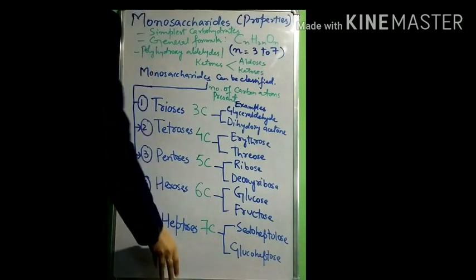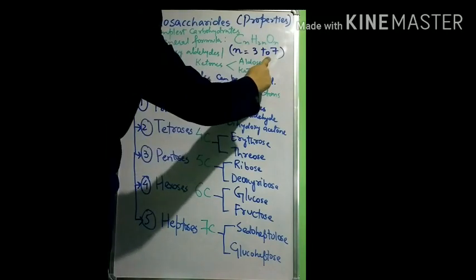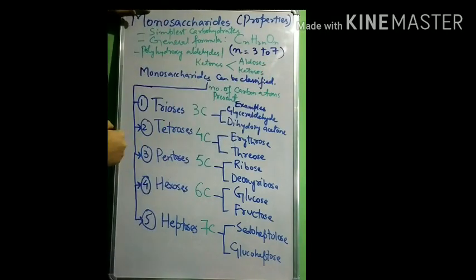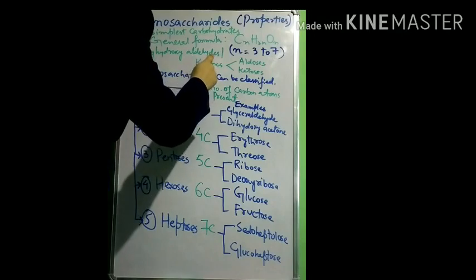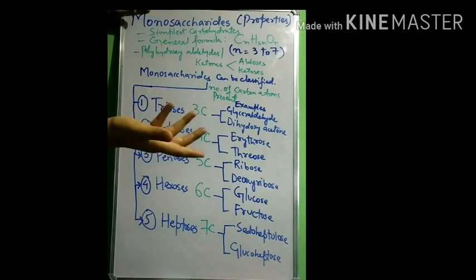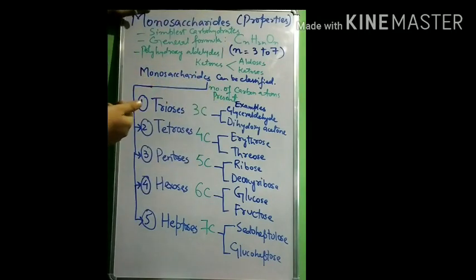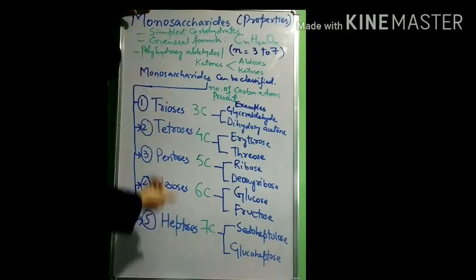So right now we have seen different types of monosaccharides. One type was already known to you, aldose and ketose, depending upon whether a monosaccharide has an aldehyde group or a ketonic group. You have to remember monosaccharides are basically carbohydrates. Now you can further classify monosaccharides into 5 classes.